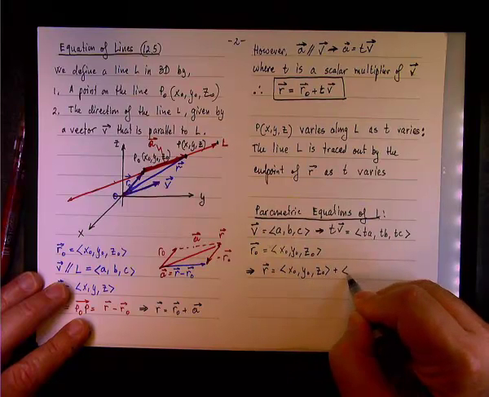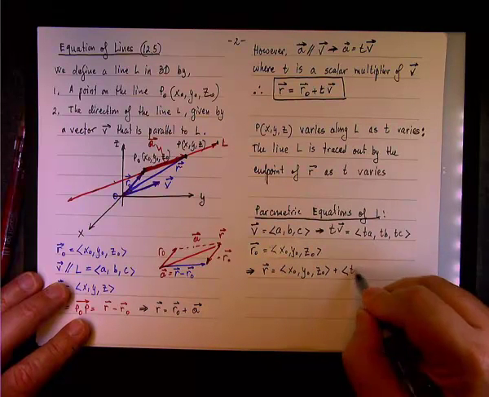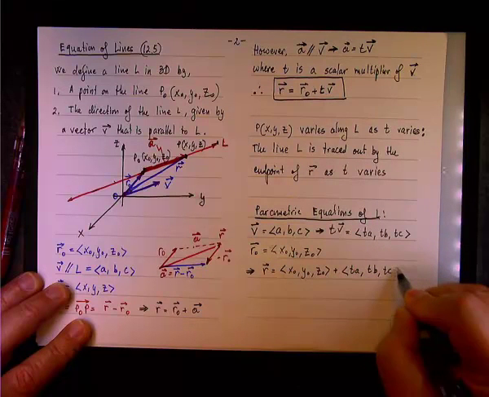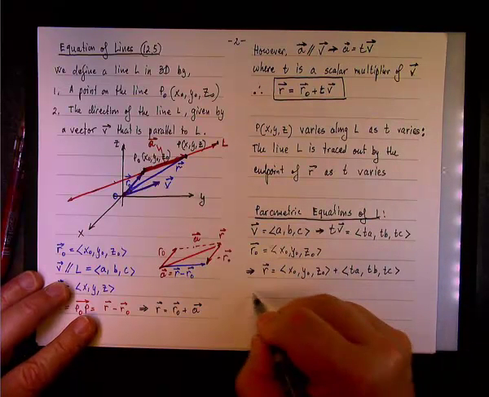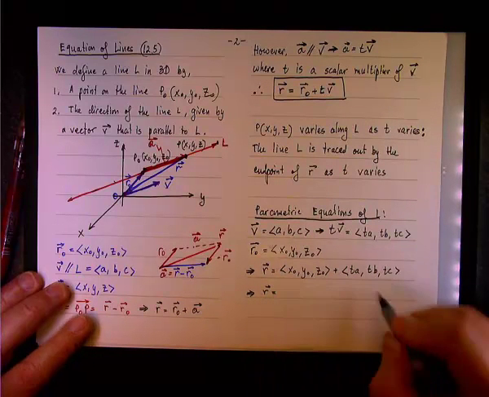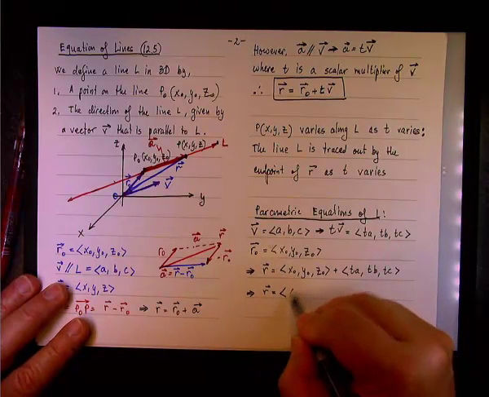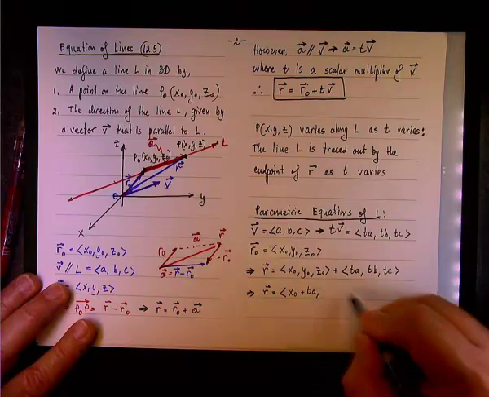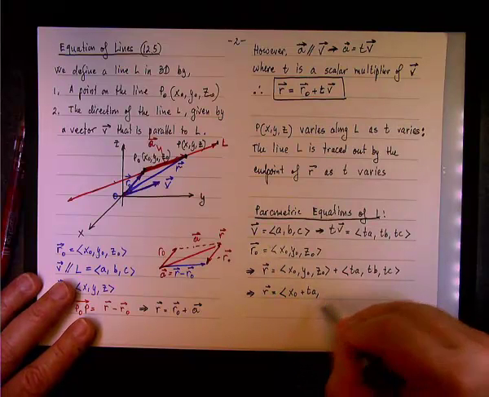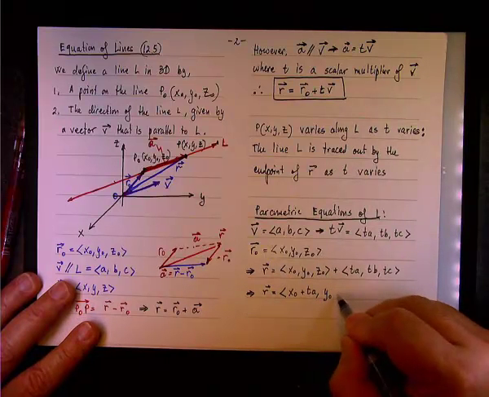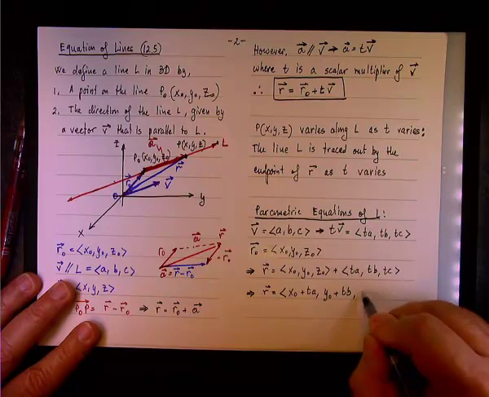And therefore the vector R from here will be this sum plus this vector TA, TB, TC, or if we put it together we have this vector representation.